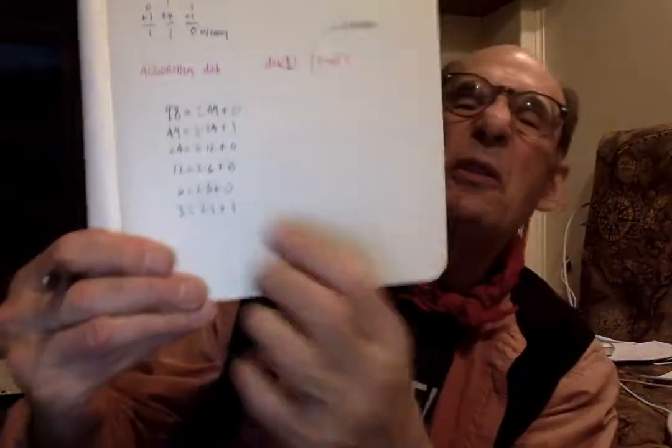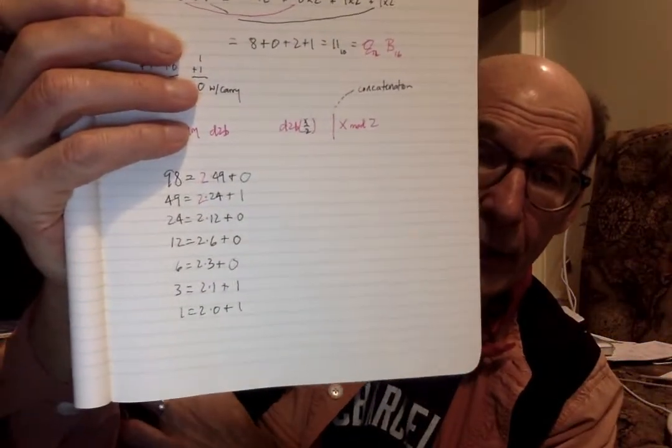And 3 is 2 times 1 plus 1. So we've just kind of worked our way down. And the last quotient there was 1. So 1 is 2 times 0 plus 1. That indicates that we've terminated the algorithm.